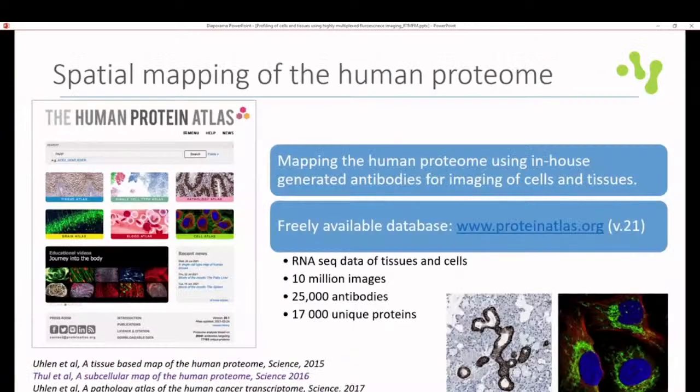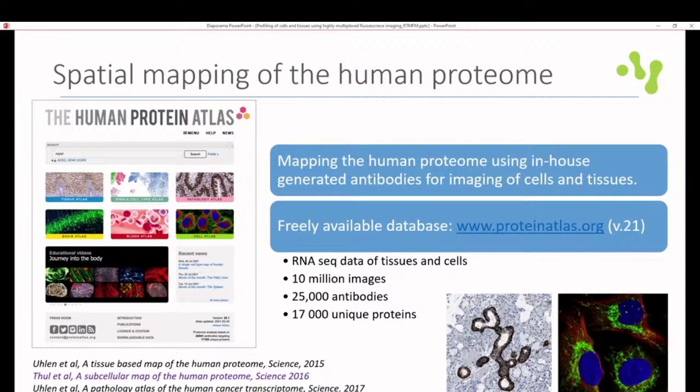You probably all know this, so all of the data that has been generated within the Human Protein Atlas project is publicly available at proteinatlas.org. This is a database where all of the data is collected, and you can browse now images of more than 17,000 unique proteins from the human proteome.